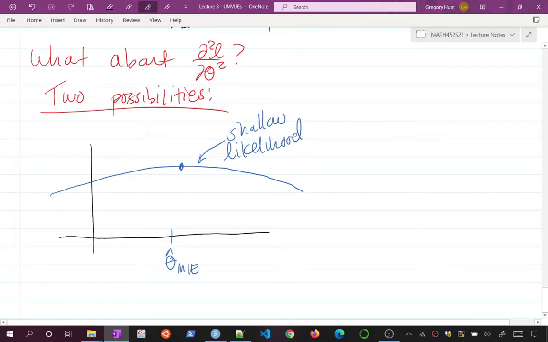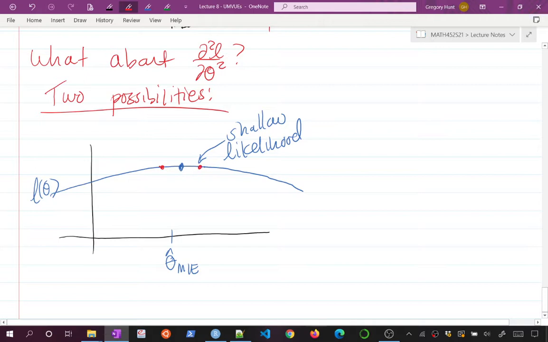So the likelihood function, L of theta, is very shallow around my MLE. And what that means is that being at the MLE is not much better than being over here or right over here.